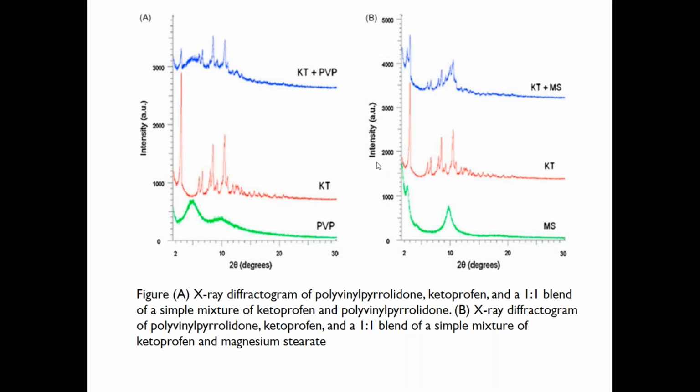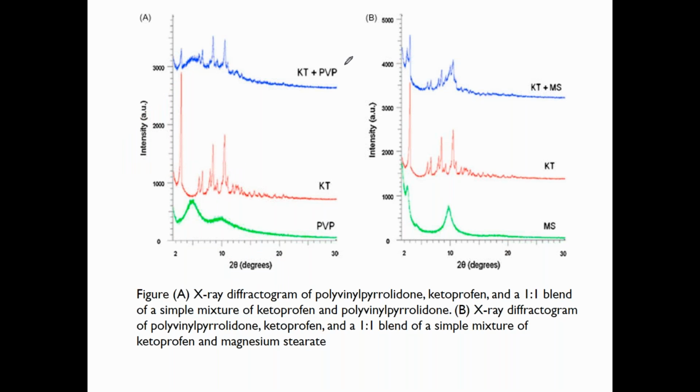This is the graphical representation of your XRPD or XRD. The y-axis is the intensity of the peak, and the x-axis is the degree, the angle at which they measured the sample. Generally it is 2 theta degree, ranging from 2 to 50. This is how the peaks form.